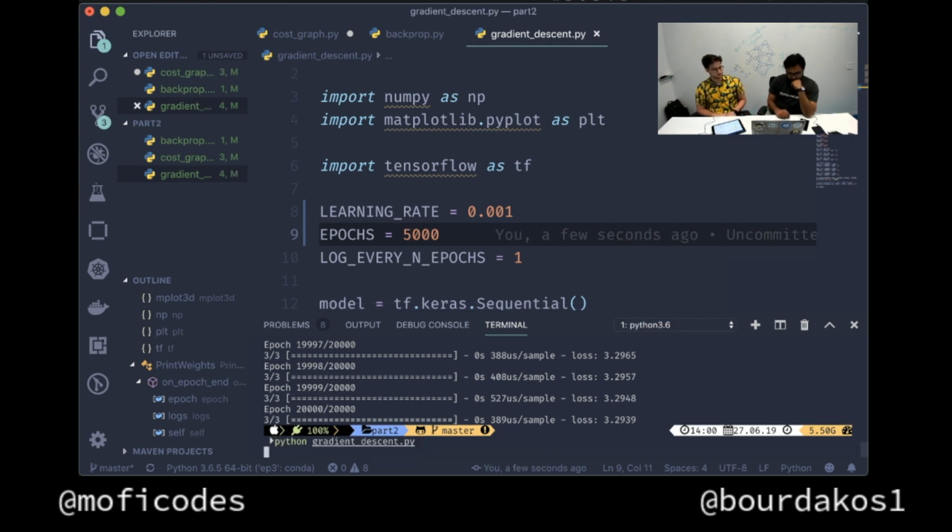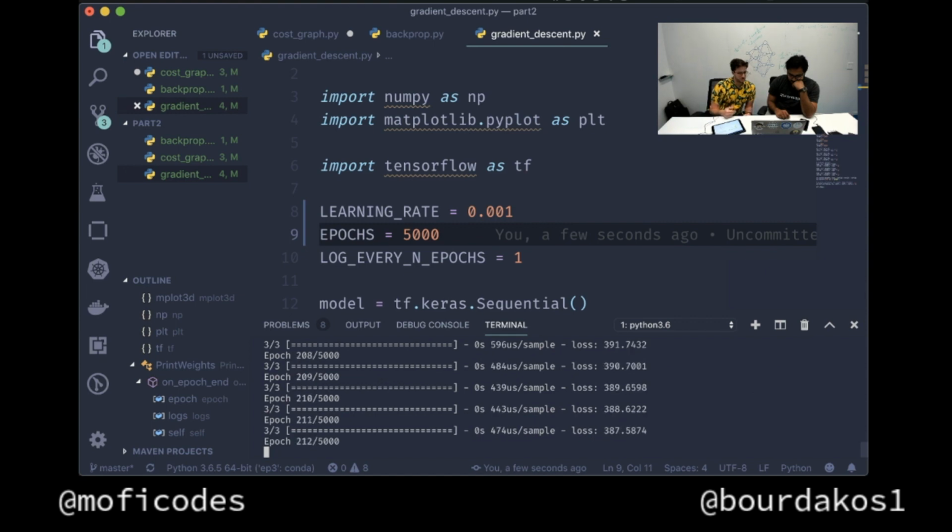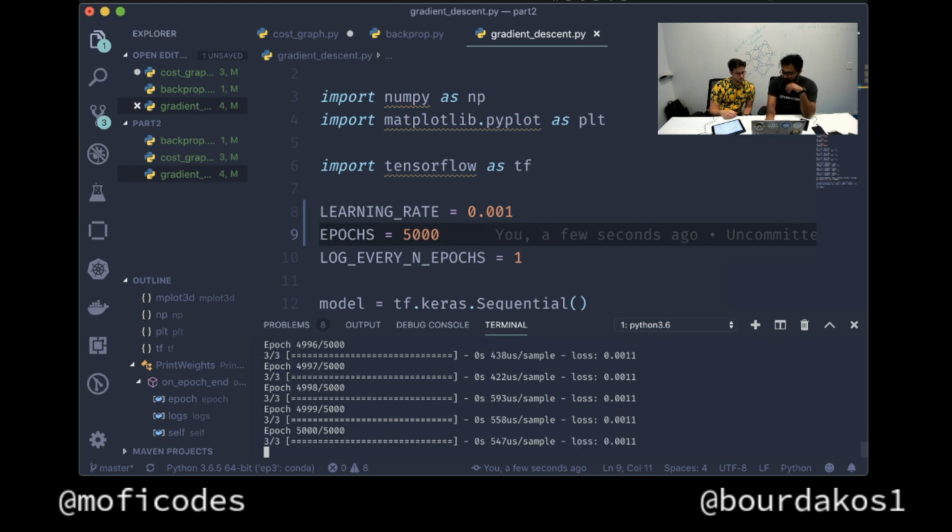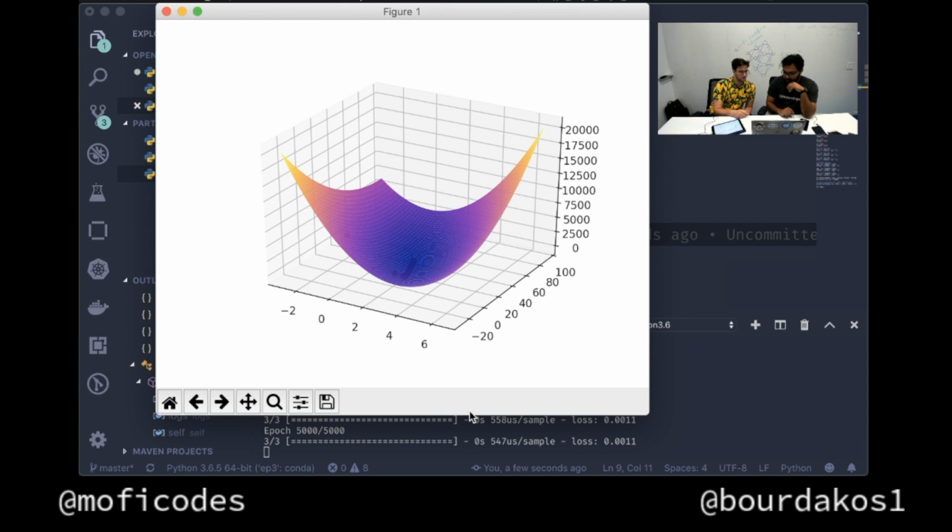Okay. So now we're doing it much faster. We're probably going to get a lot closer to 0. Hopefully it won't lag as much. Wait, now this loss function is better. Yeah, because our learning rate is much higher. We're learning a lot faster, so we can do way fewer epochs than the other one.